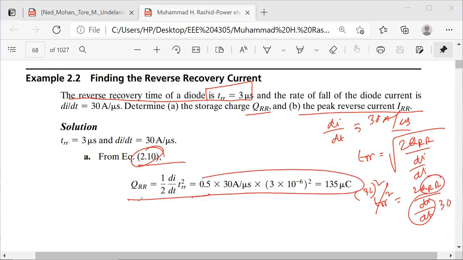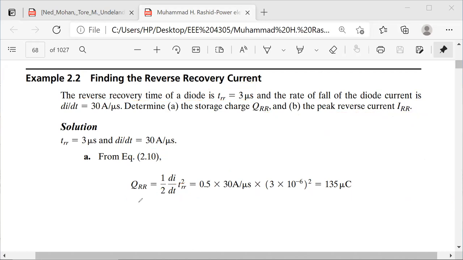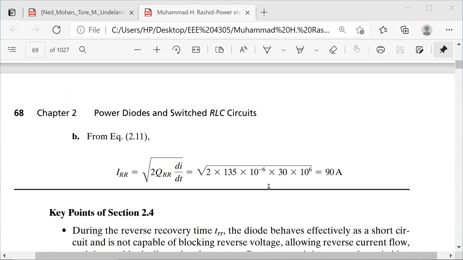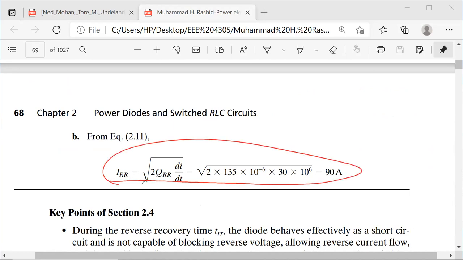Yes, sir. And if you want to find out IRR, you can use the formula directly. But if I mention that TA is equal to, say, 10 microsecond and TB is, say, 5 microsecond, don't use the formula directly.